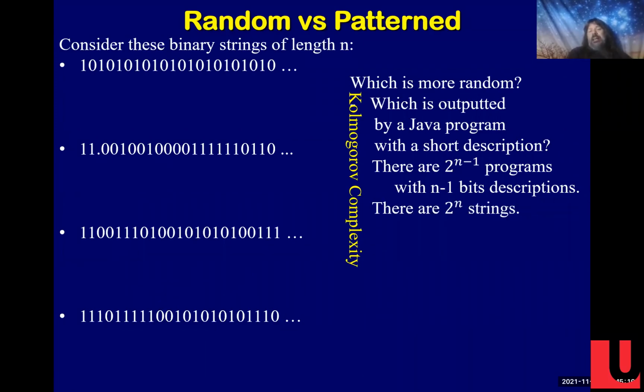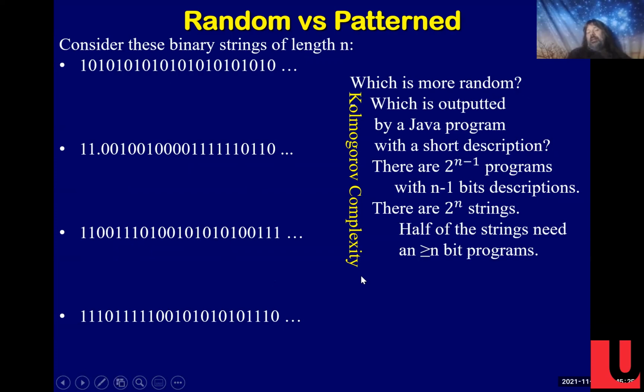So what does that tell us? Well, there are 2 to the n of these strings, and so half of these strings require programs whose Java program is at least length n. Does that make sense?